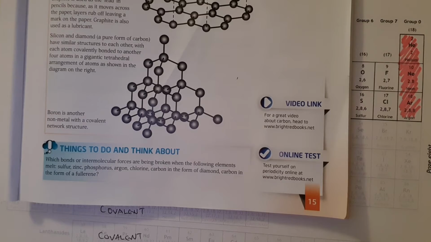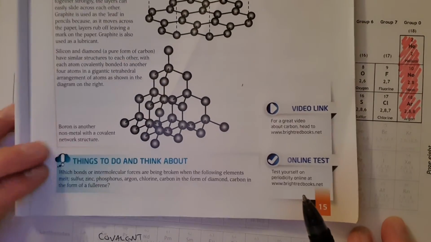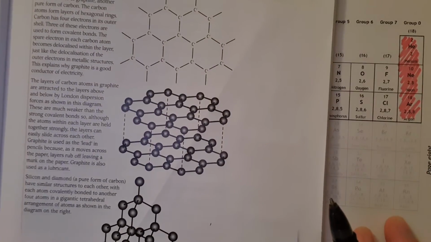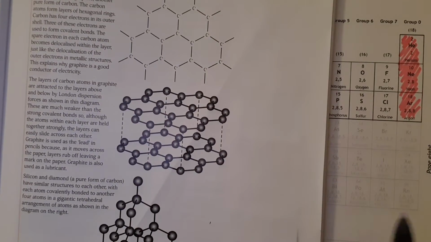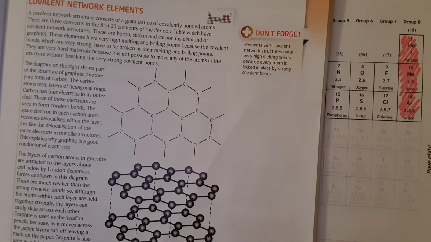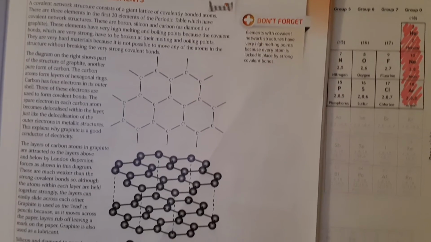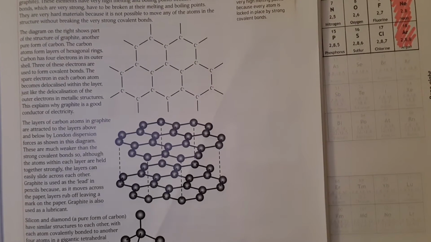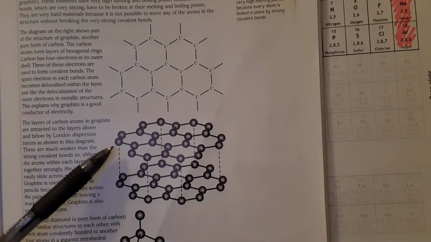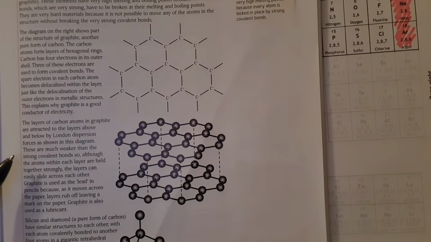But be aware though, you get graphite, which is another famous form of carbon. We've got a wee diagram here. It's a bit different. And now that we've covered a wee bit of the higher course, we can actually get our head around a little bit what's going on here. So graphite has got layers of carbon atoms.